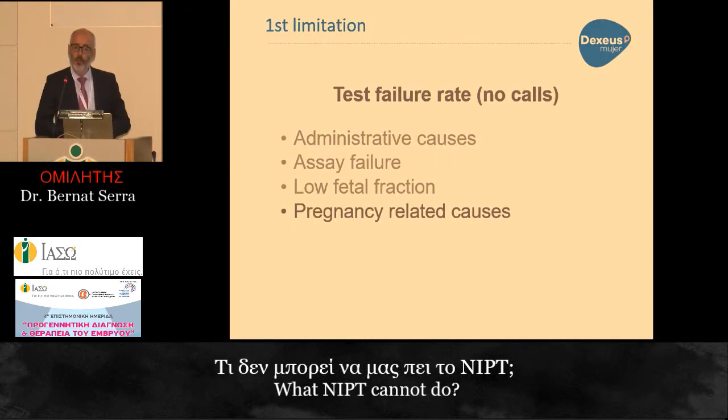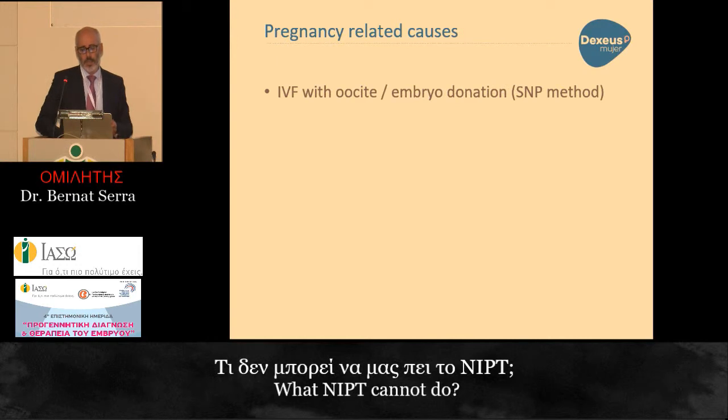And besides low fetal fraction, there are also other pregnancy-related causes for no calls. If you usually use the Panorama test with the SNP approach, you cannot use it if the pregnancy had been achieved by oocyte or embryo donation, or if it is a surrogate pregnancy. Do you have surrogate pregnancies here?